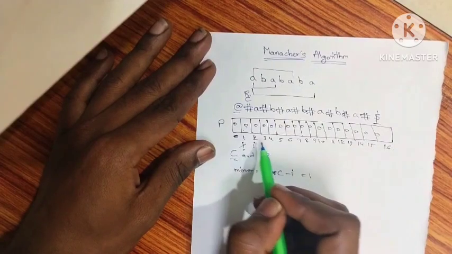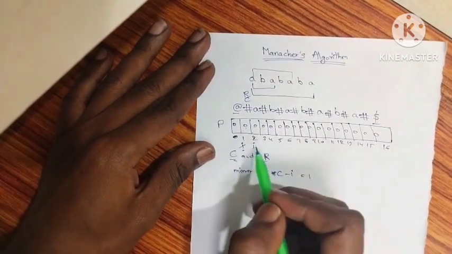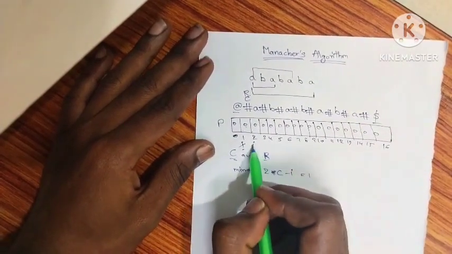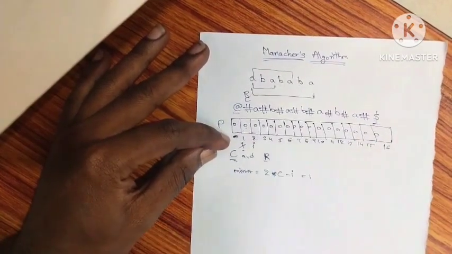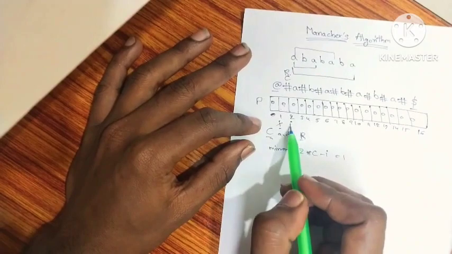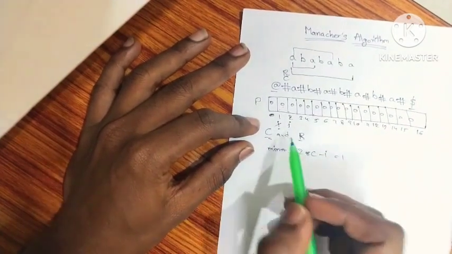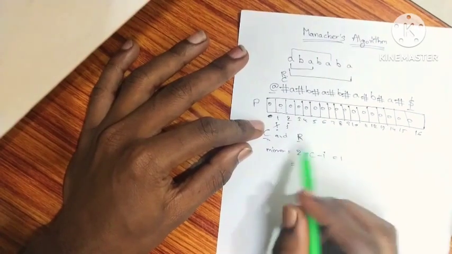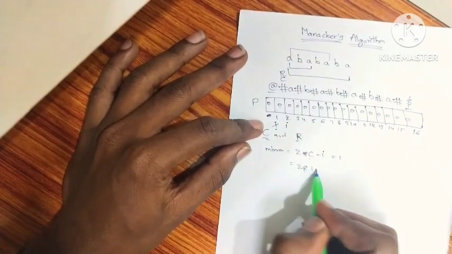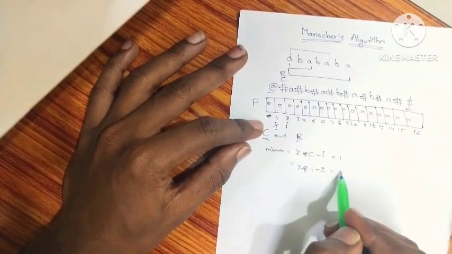I is at index 2. Now check the mirror position of this index. Here C value is 1, and 2 times 1 minus our I value of 2 is 0.